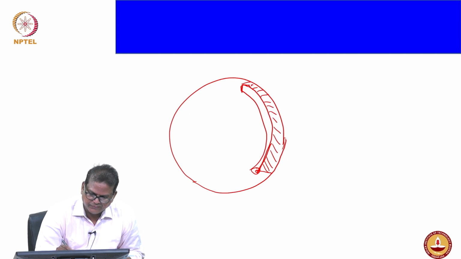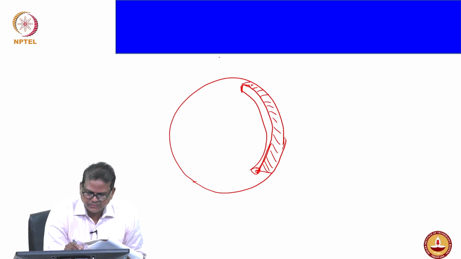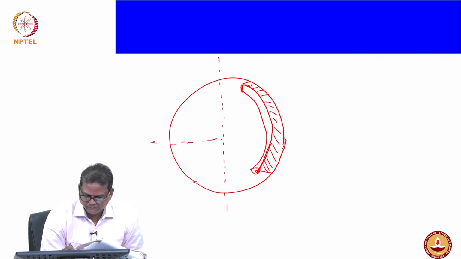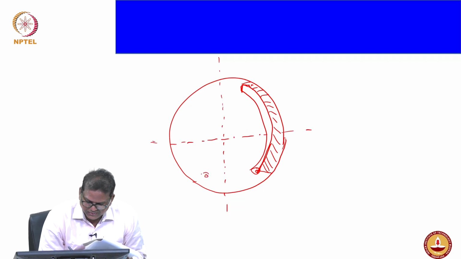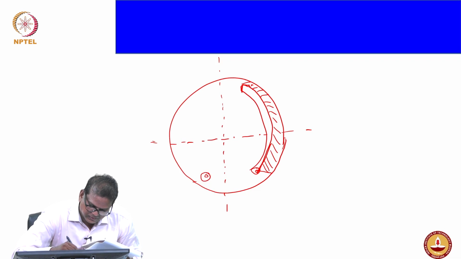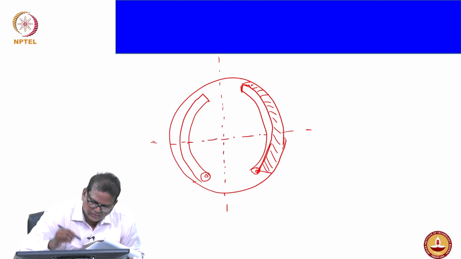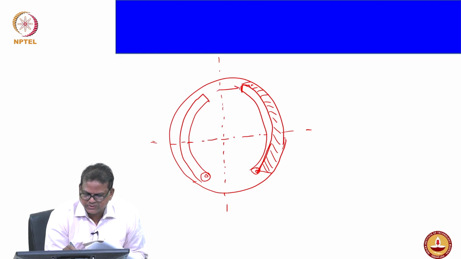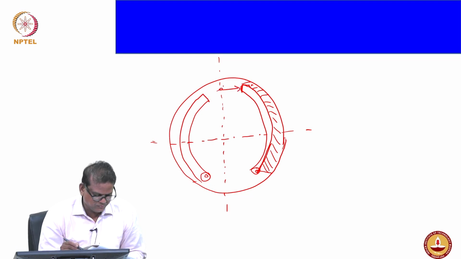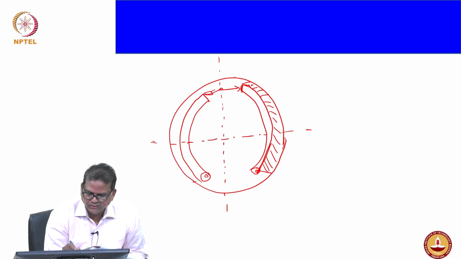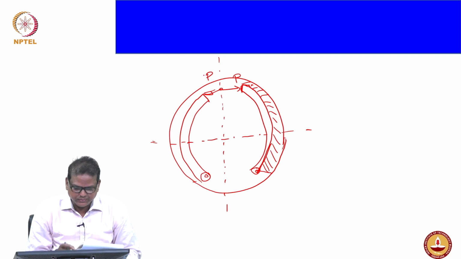Then I will draw the central line. Then there is one more pivot. Now the activation force acts in both ways, right? We are showing only one direction, but I can show both ways. This is your activation force. So, now I will give the information.